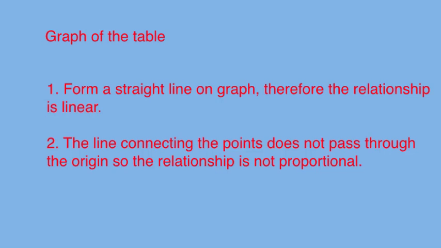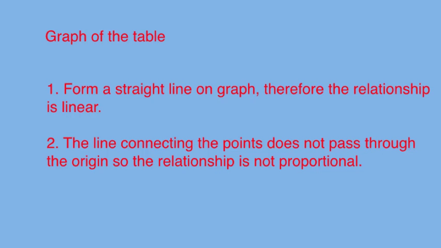Okay, so if you look a little bit further down on your page, you also see that they have graphed the points from the table, Celsius and Fahrenheit, and now they're checking to see if it is a linear relationship. As you can tell, since it forms a straight line on the graph, it's a linear relationship.